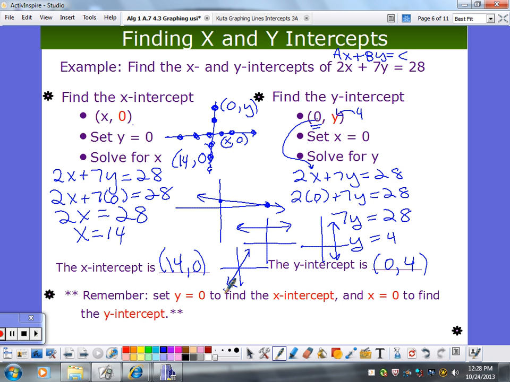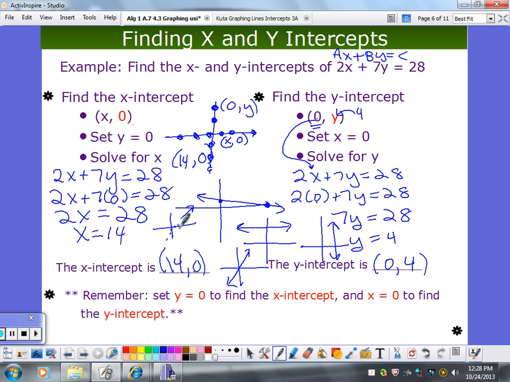What if it doesn't even go through? Well, other lines are going to have x and y intercepts, aren't they? Think about it. But what if the domain is different? I'm only doing this part. So what you do is you graph what you can. See how I can see what they are?